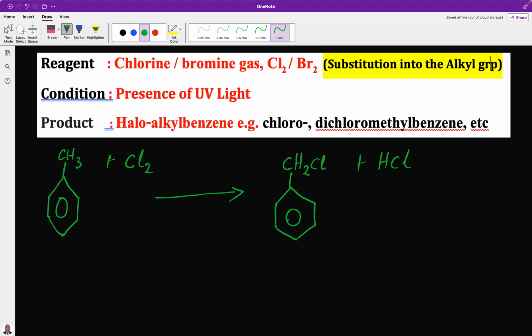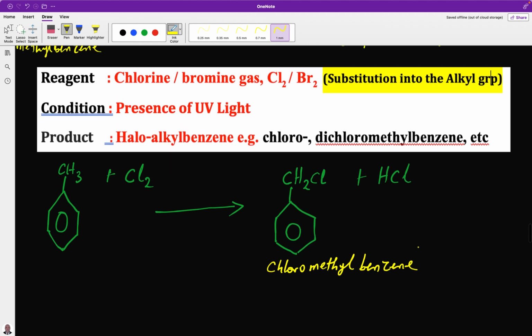In that case, our product here will be chloromethylbenzene.